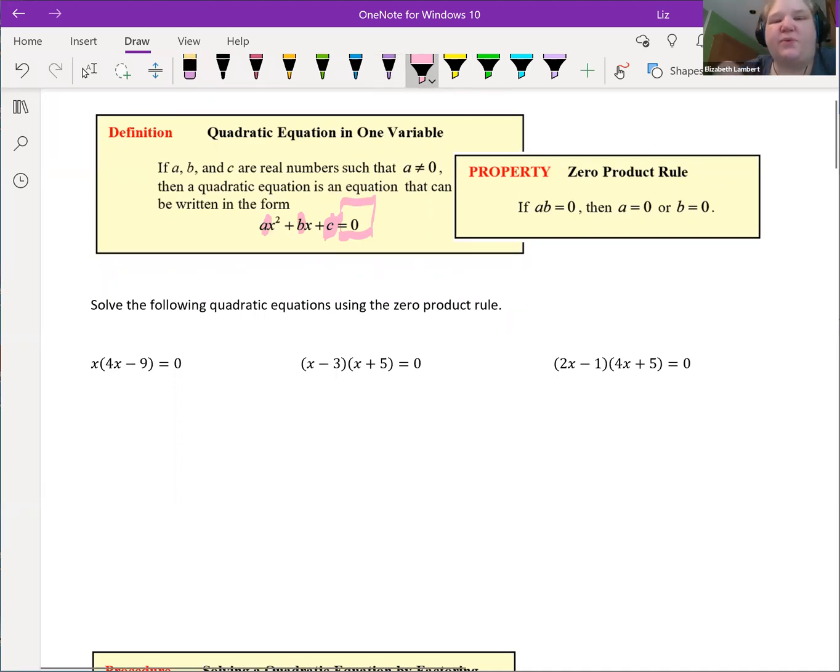Now, the other property that we're going to make a lot of use of is this zero product rule or zero product property. That's the ZPP that's on the syllabus list.